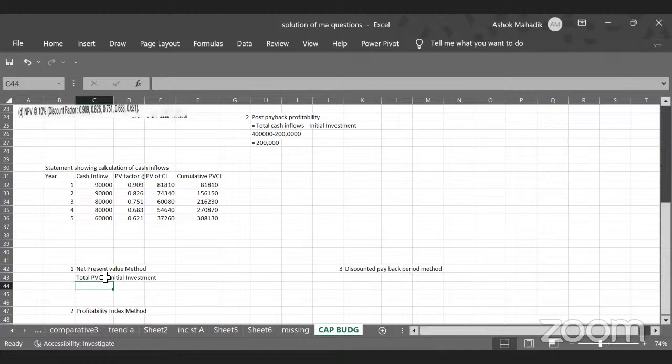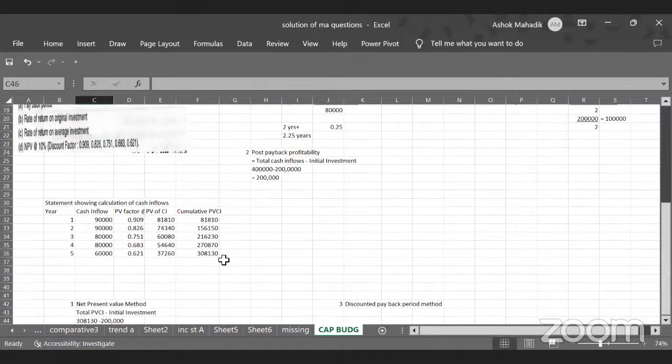So total PVCI is how much? 3,08,130, minus initial investment of 2 lakhs. Okay. So net present value is 1,08,130. Clear?